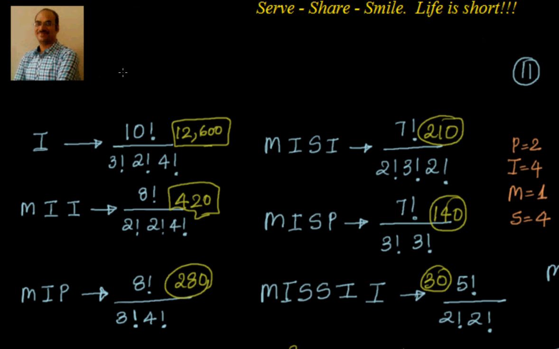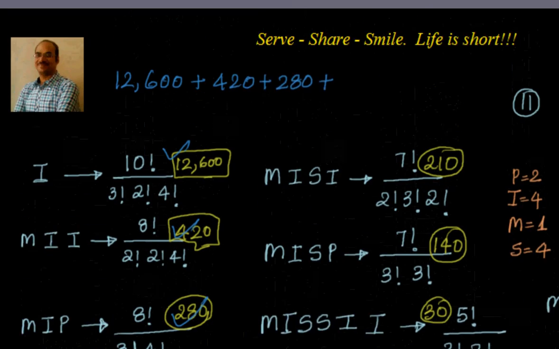We'll start with first, that is 12,600. So I'll write down 12,600 plus 420 plus 280. Do we have anything there?